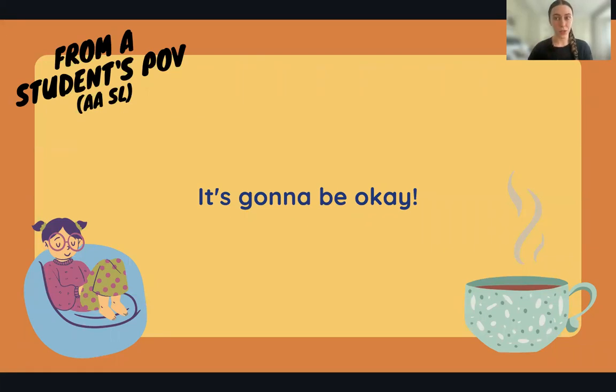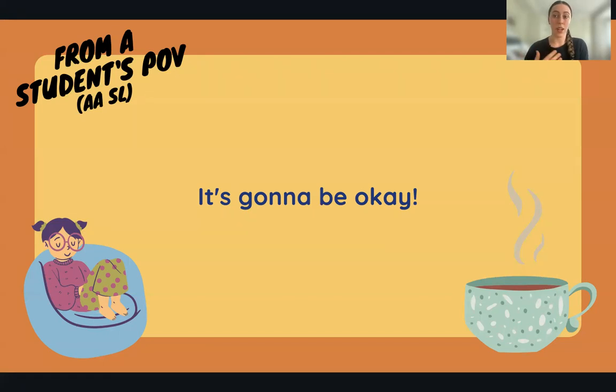But just because you're having difficulties with your IA doesn't mean that it's going to turn out terribly, or that you're not going to do well, or that you're not going to get the marks that you need. I would say most people have a difficult time with the Maths IA particularly. So don't feel like if you're struggling with it, that it's somehow a reflection on your ability to complete it or your maths ability overall, nothing like that.